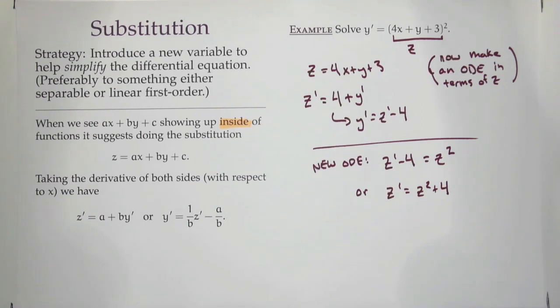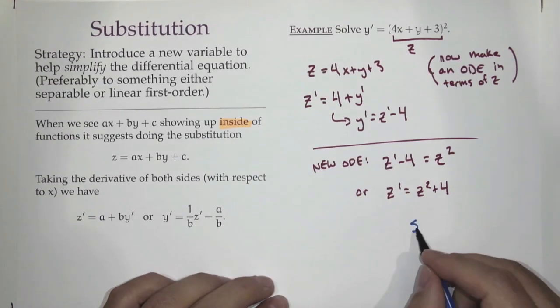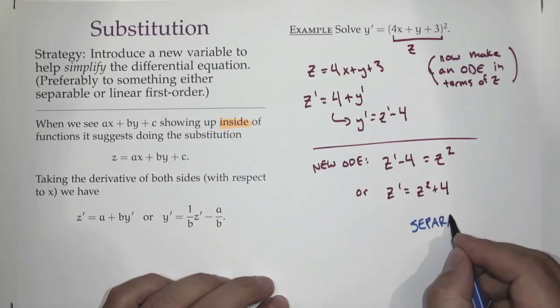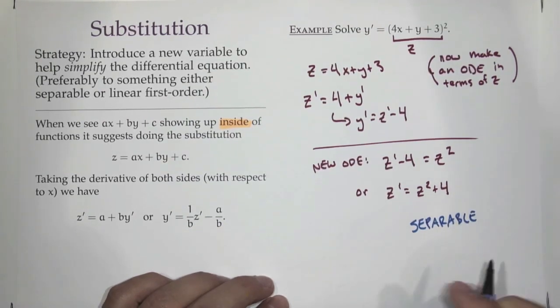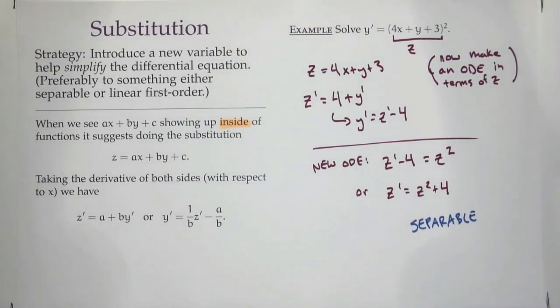Is it separable, first order linear, or exact? You have a 1 in 3 chance. Now you have a 1 in 2 chance. Separable. This is separable. You're probably thinking, well, exact doesn't look hopeless, so it's probably not exact.